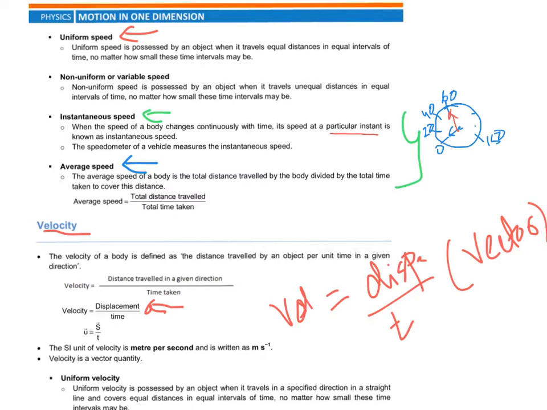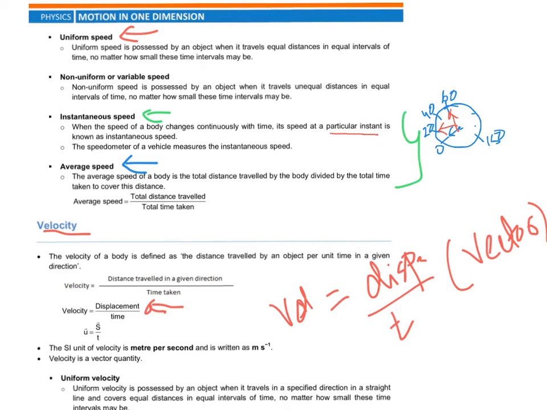It's not possible that in my entire journey I will move at 60 kilometer per hour, because we'll have bumps, we'll have traffic. So I might reduce, I might increase. Maybe after some time there are a lot of broken roads, so our speed becomes 20 kilometer per hour. So at that instant, we are at 20 kilometer per hour.